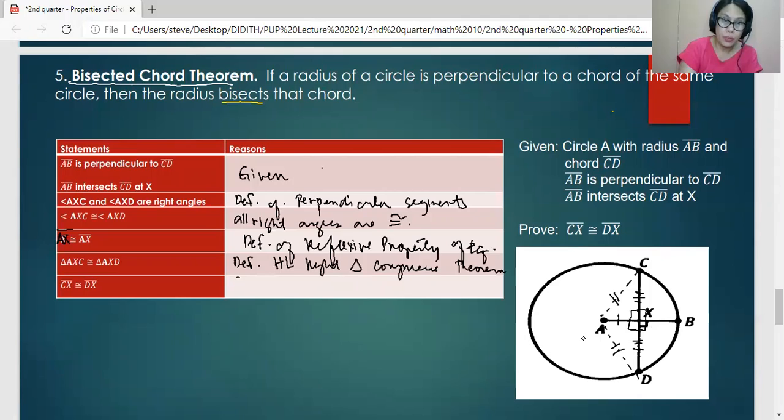Therefore, the corresponding parts of congruent triangles are congruent. Corresponding parts of congruent triangles are congruent. So really, the bisected chord theorem is true based on this proof.